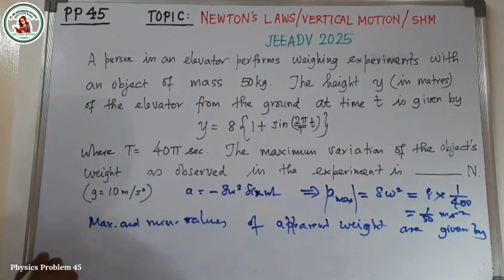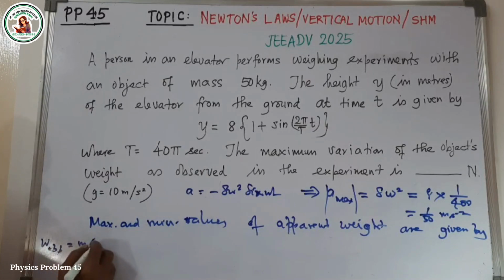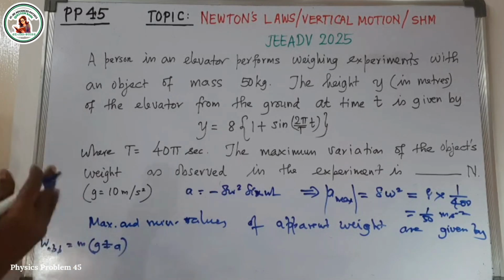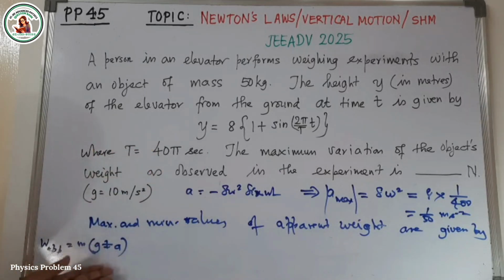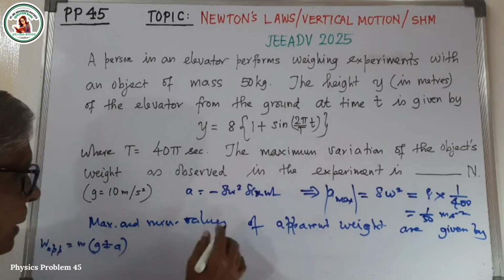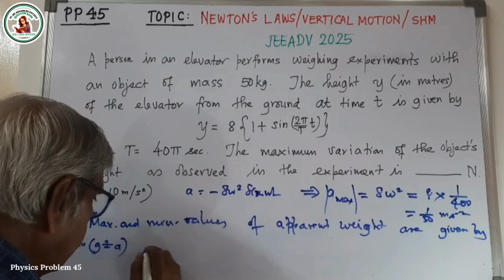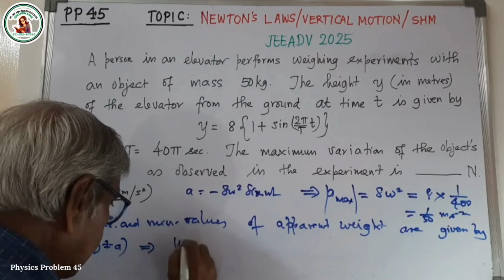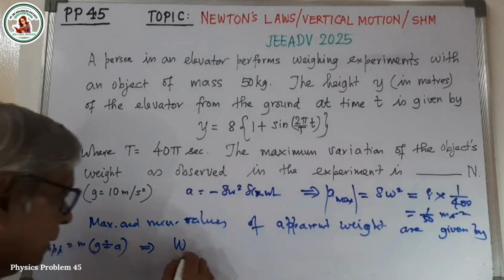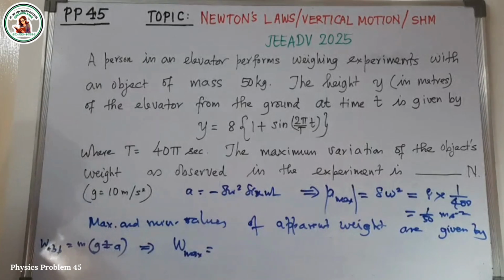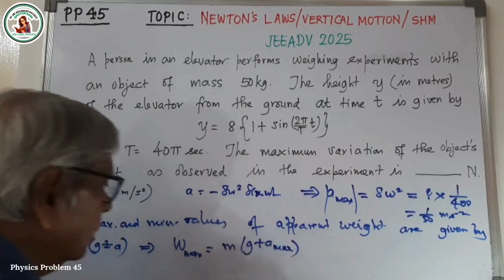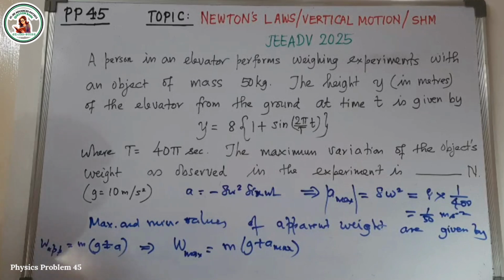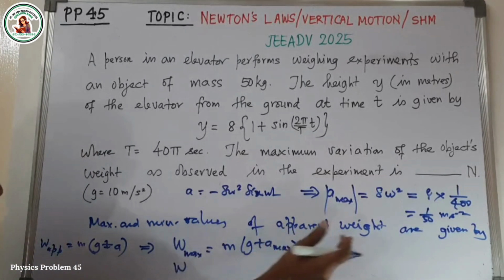The general formula is apparent weight equals M into G plus or minus A: plus A for upward acceleration of the elevator, minus for downward. So W maximum is equal to M into G plus A maximum, which occurs when the elevator has maximum acceleration in the upward direction.